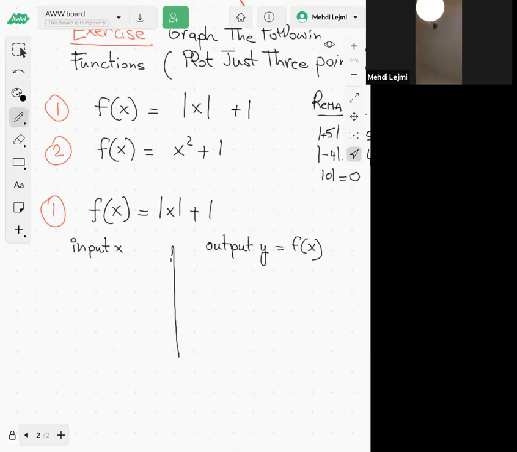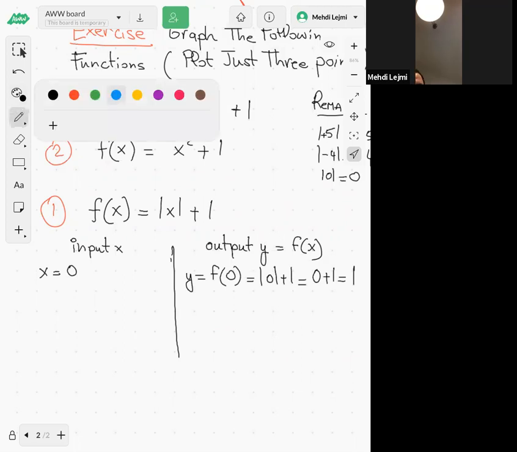For example, if you take x equal to 0, then the output y, which is f of 0, will be absolute value of 0 plus 1. Absolute value of 0 is just 0, so that will be 0 plus 1, which is positive 1. So if my input x is 0, then my output y is positive 1. Let's take another value of x.